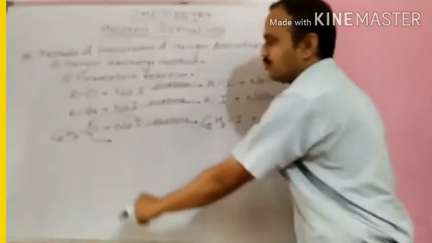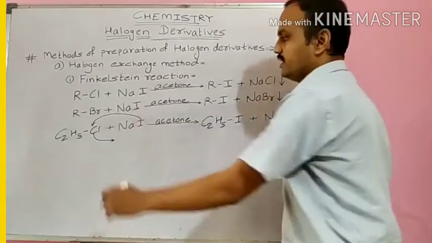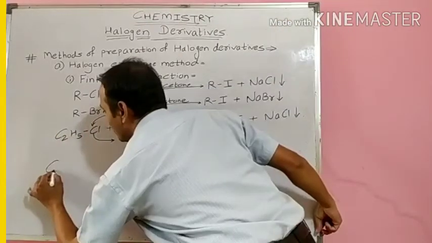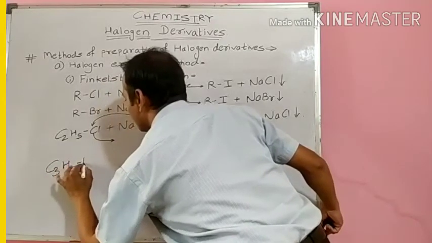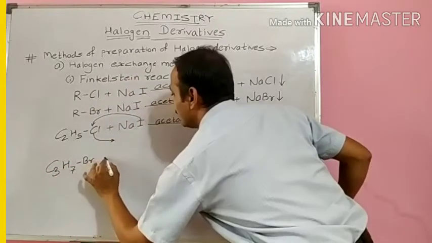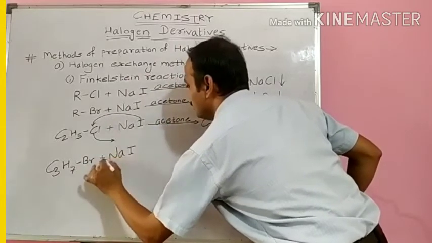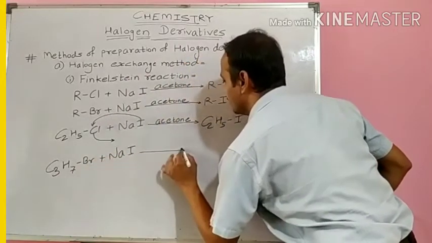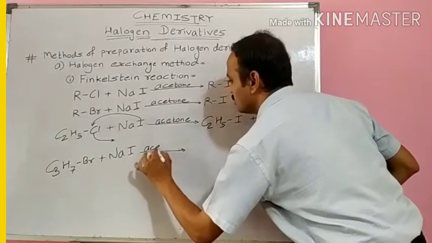In another example, we will see alkyl bromide plus sodium iodide. For alkyl bromide, I will take C3H7Br plus sodium iodide in the presence of acetone.